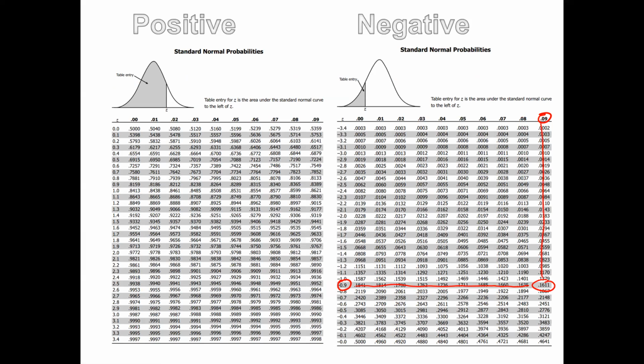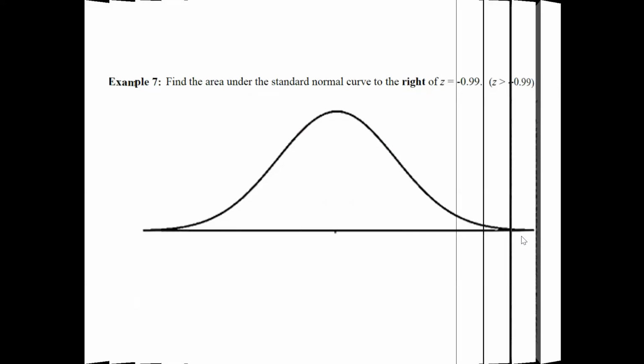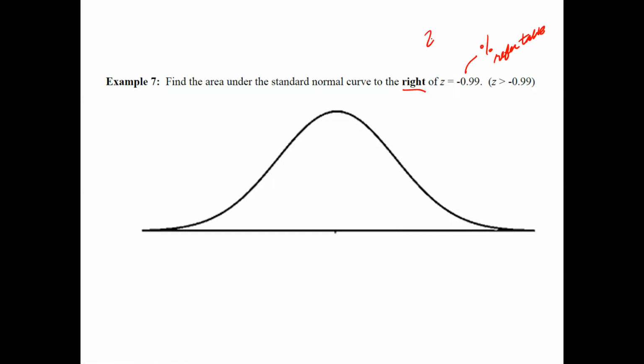It looked like 0.1611, or 16.11%. So it looks like your z-score is 16.99%. Okay, so what that means is that you're going to have to go ahead and represent the 16.99%.